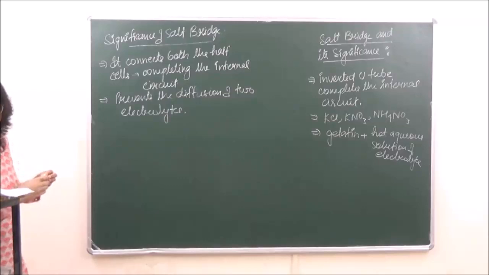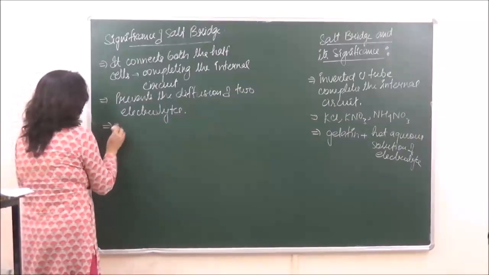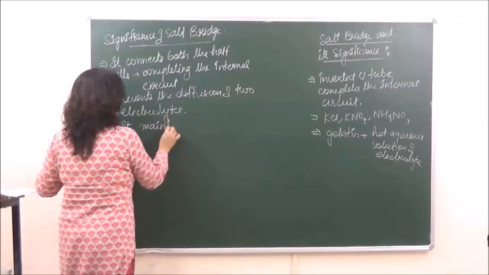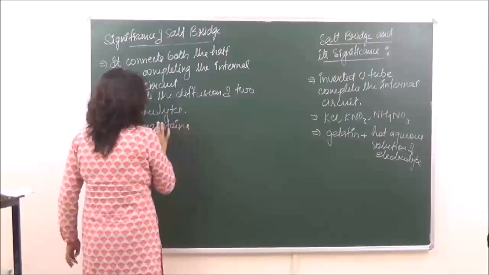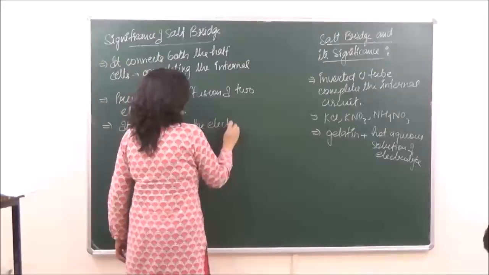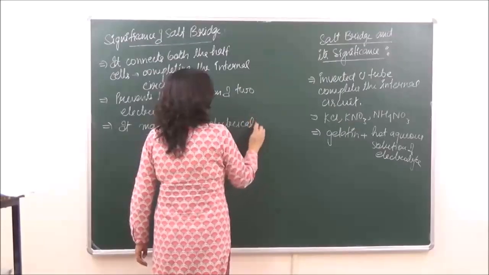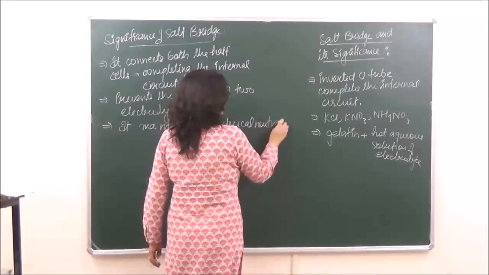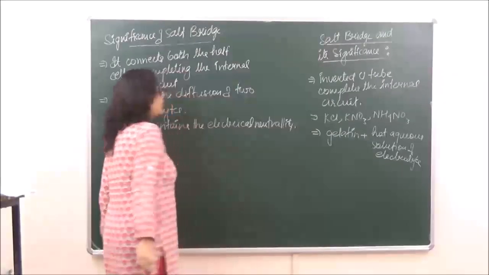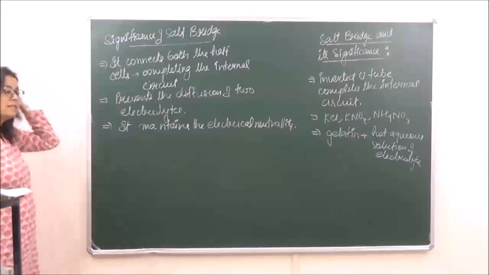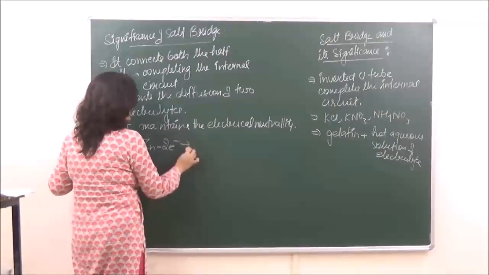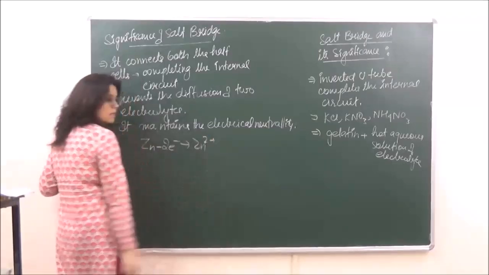Then the third one is it maintains the electrical neutrality in the cell. Like you had seen in the cell, when Zn is losing two electrons, it enters into Zn2+ state.